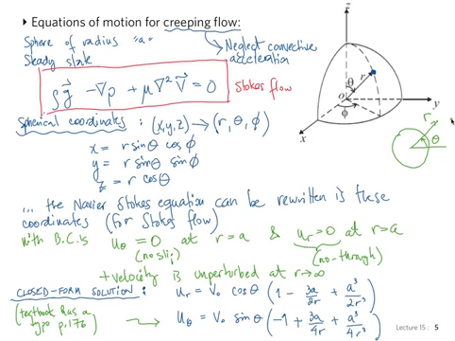So it's kind of two-dimensional in that sense. And we have a flow approaching with V0. The velocities, just to be clear, are going to be V_r in that direction and V_theta in that direction. Those are the velocity components that we're talking about.